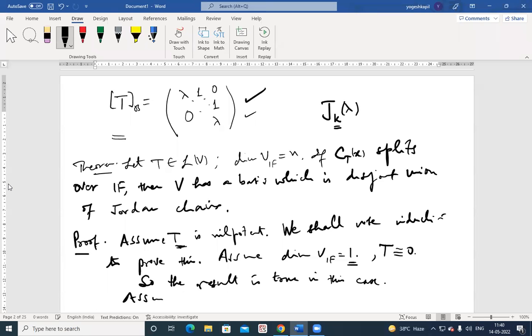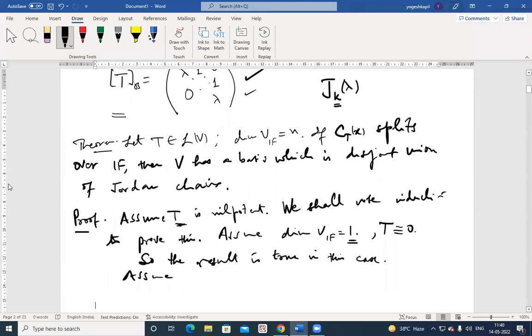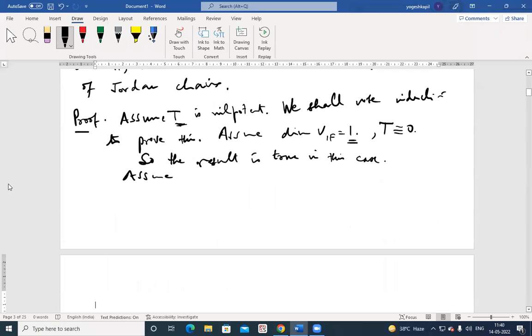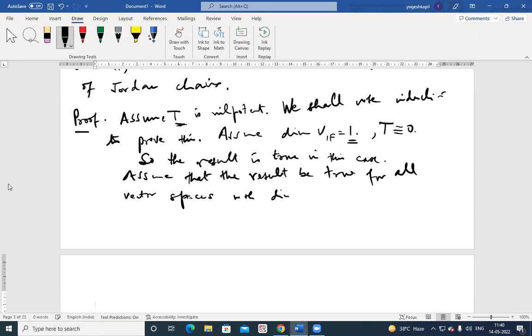Assume that the result be true for all vector spaces with dimension less than or equal to n minus 1.